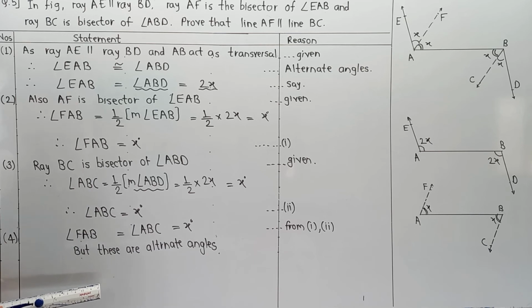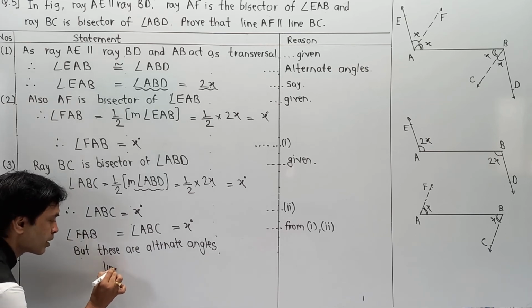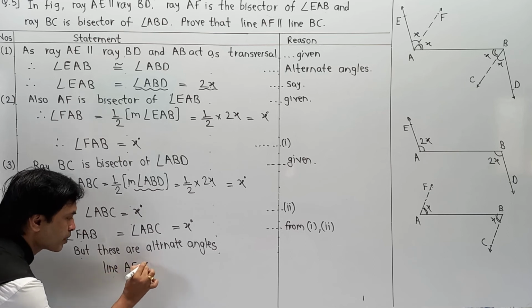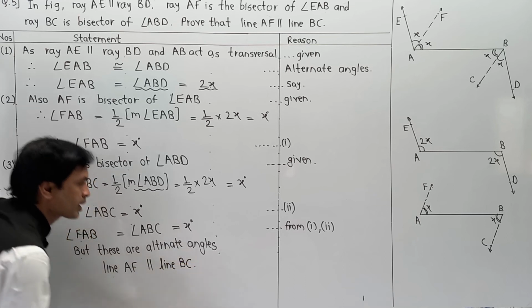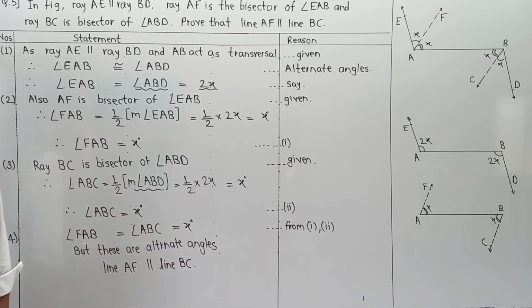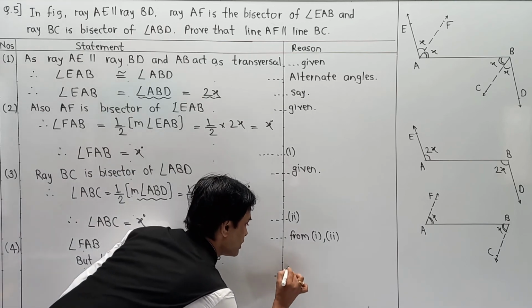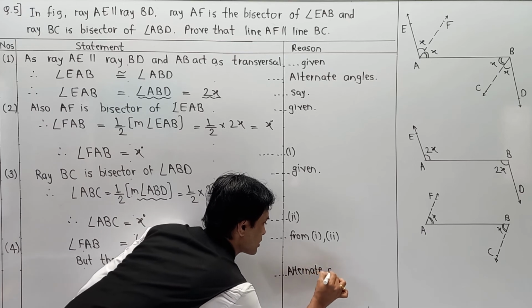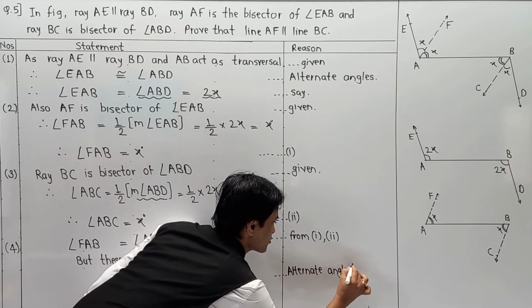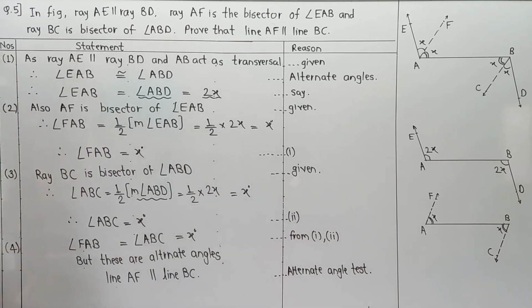So you can write line AF is parallel to line BC, and in this way we can complete the part. If you want to write a reason, it is the alternate angle test for parallel lines, and in this way you can complete your entire numerical.